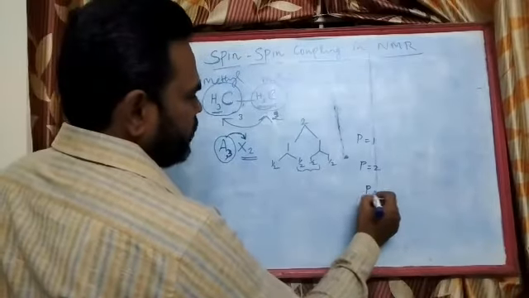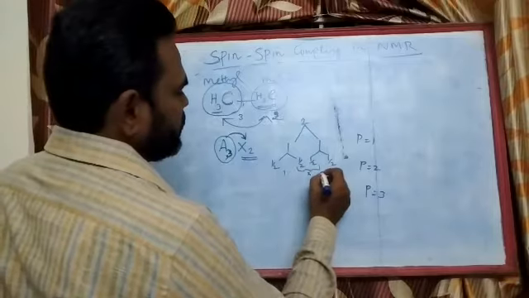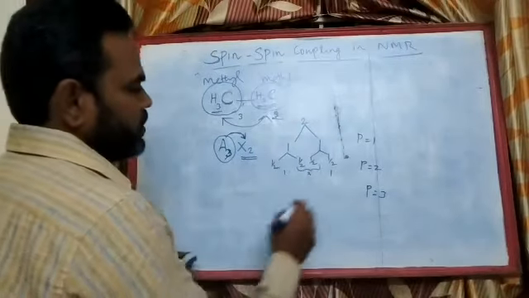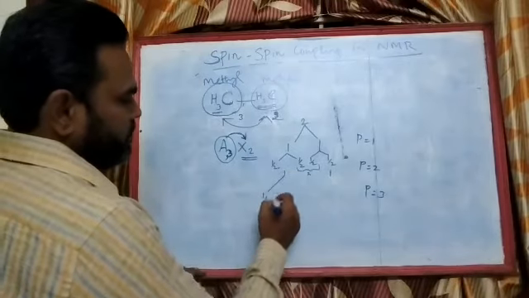So when P is equal to 3, this 1:2:1 will further split into half.